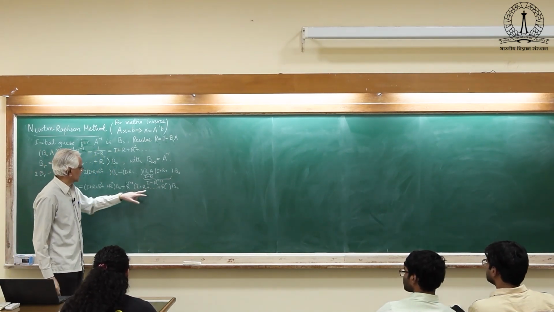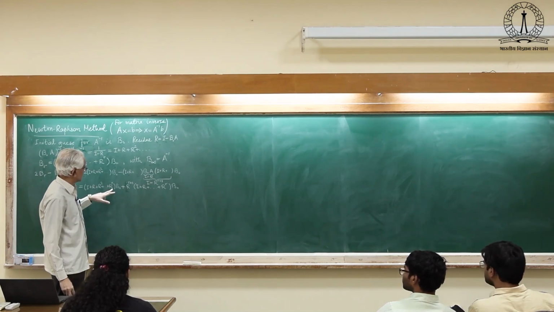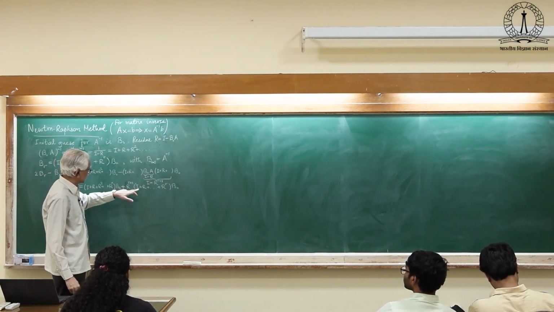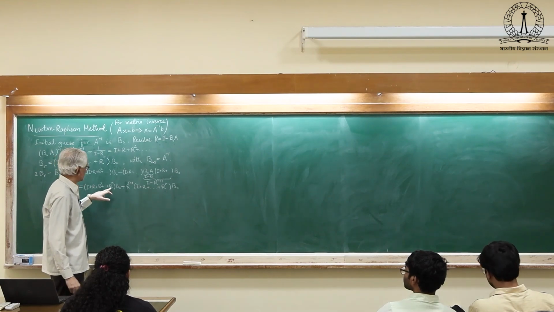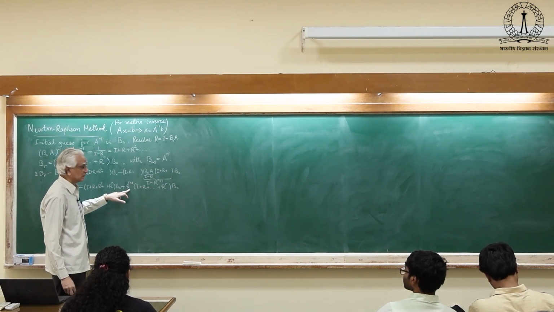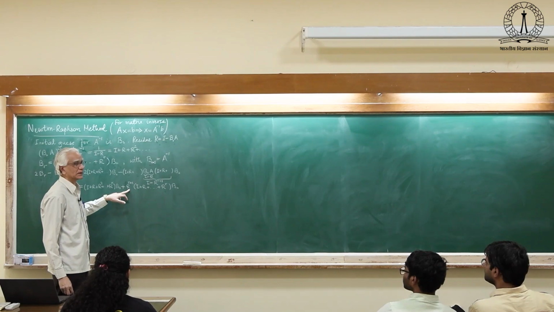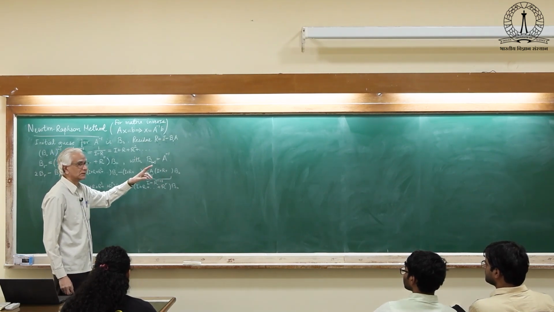So what I have got on this side is a series which just continues to higher order. Up to R raised to r is here. This starts from r plus 1 and goes up to 2r plus 1.